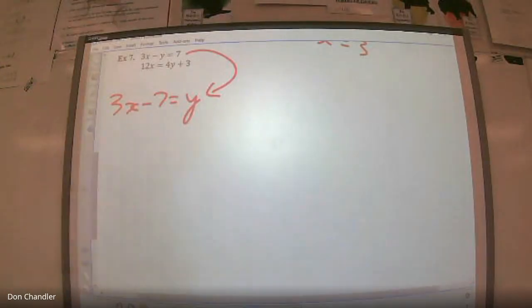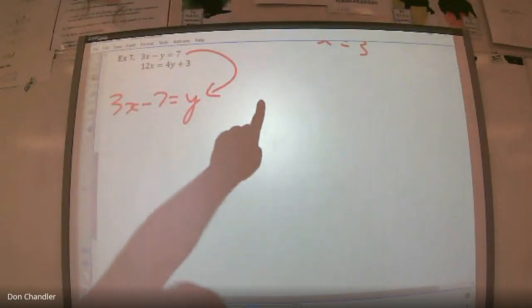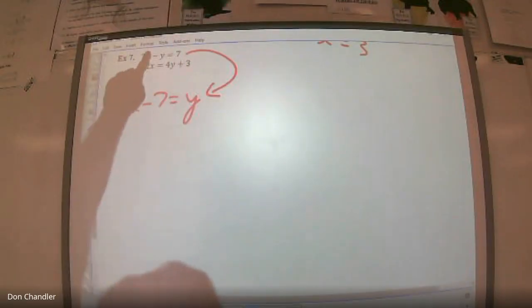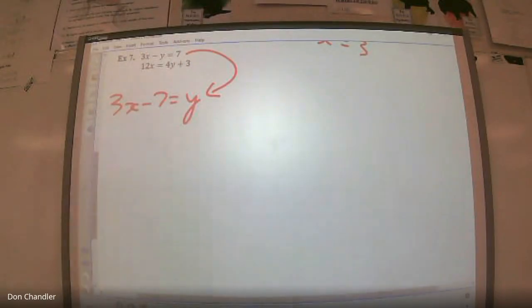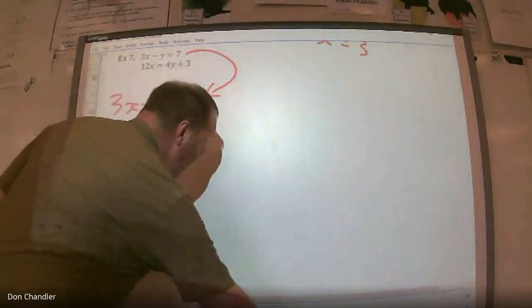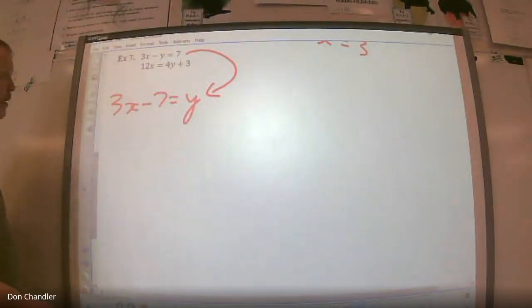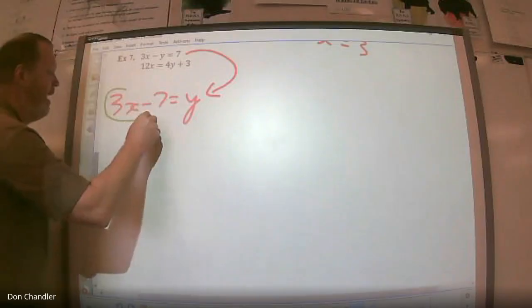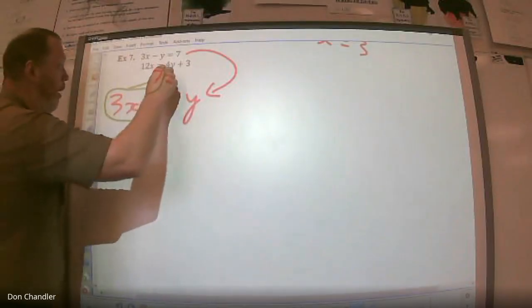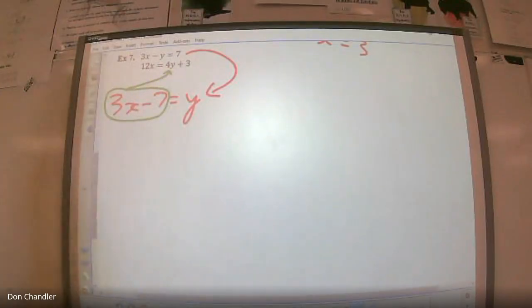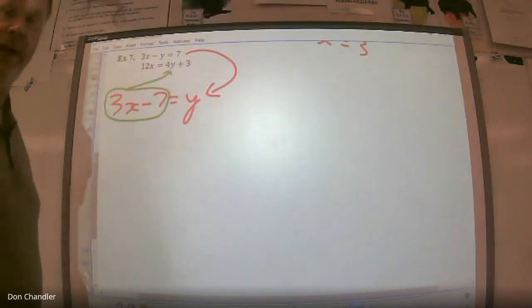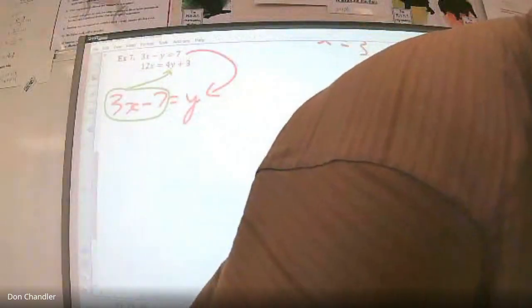I think the most logical step here is to move the negative y to the right and become positive, bringing the 7 back to the left. And now I think I have a beautiful y equals. I think this y equals can go right there. That's my intention. I'm about to put that y in as 3x minus 7. All right.